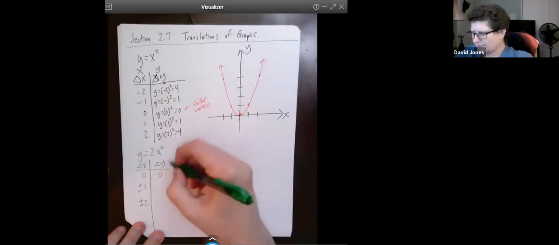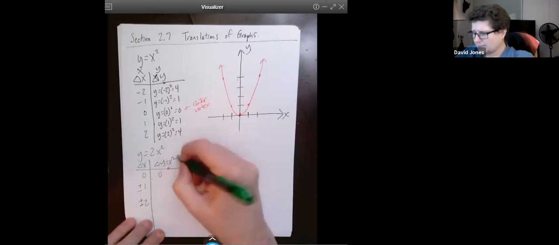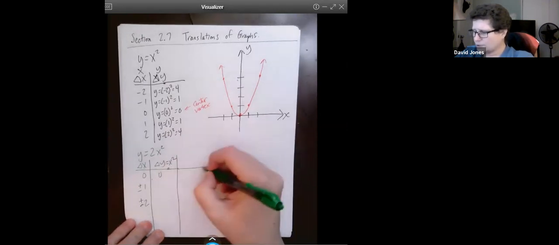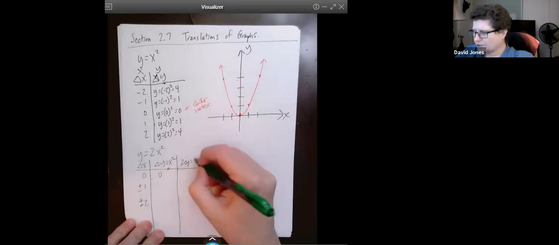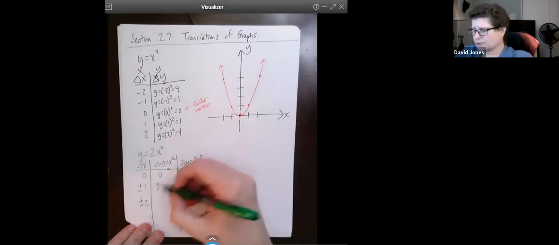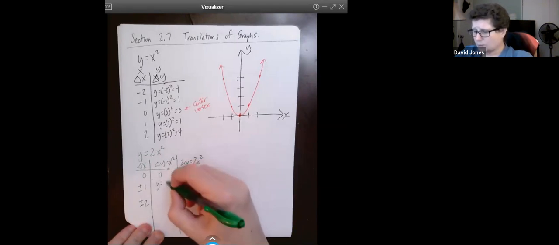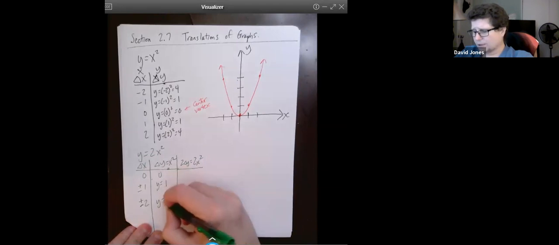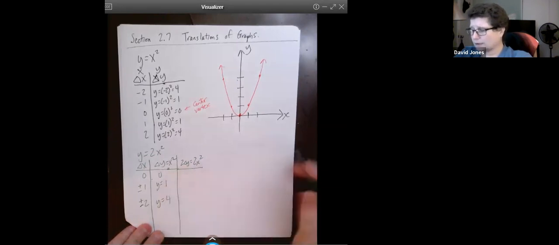Well, if I just treat this as x squared, let me make a column for 2x squared. When I stick in x equals plus or minus 1, I get y equals 1. When I stick in plus or minus 2, I get y equals 4.